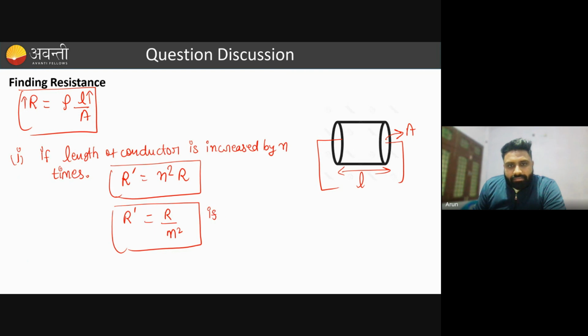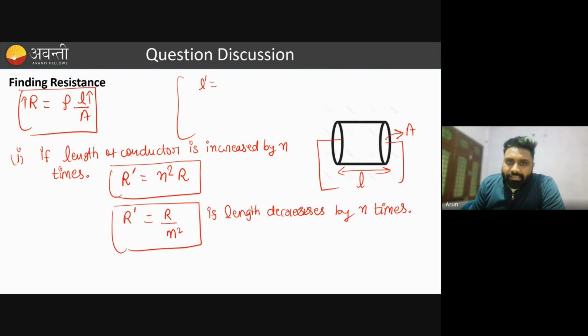If length decreases by n times, where does it come from? If you increase the length of the conductor n times, so L dash is nothing but n times L. Now, what about area? Area will also play a role.